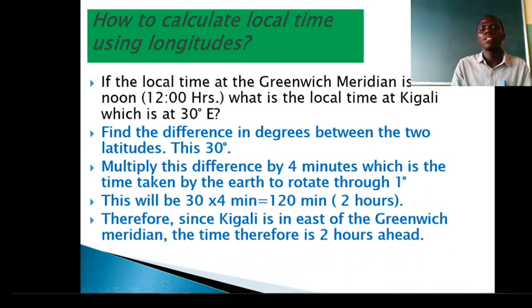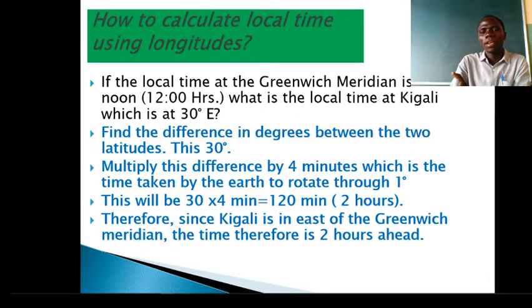Therefore, since Kigali is located in east of Greenwich meridian, the time at Kigali is 2 hours ahead of Greenwich meridian. Remember, in the example they said at Greenwich meridian we have 12 o'clock and Kigali is located in east of Greenwich meridian.